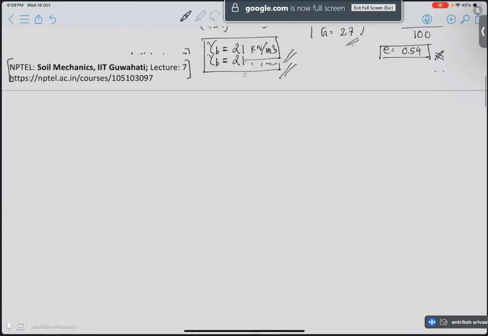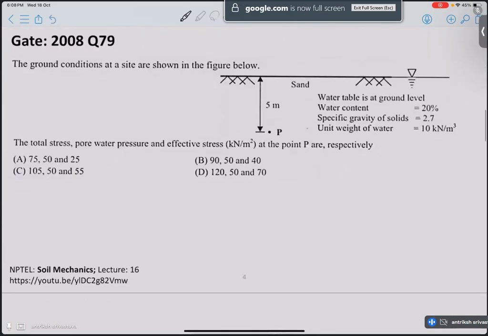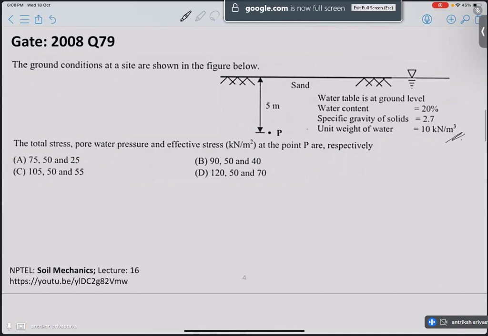The next question is linked with this question, so it is a two-part question. Let's solve the second question, GATE 2008 question number 79. The ground conditions at a site are shown in the figure below. The total pressure, pore water pressure and effective stress at point P are respectively. In this question, the water table is at the ground level.